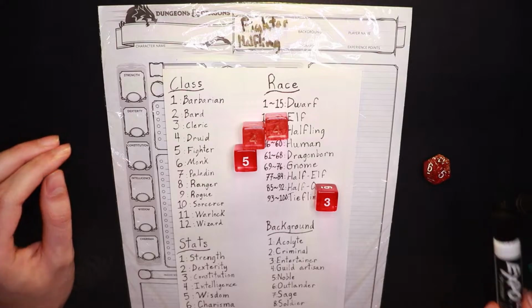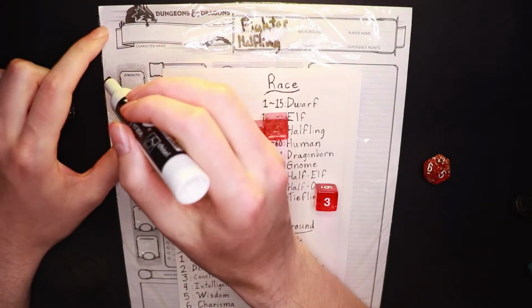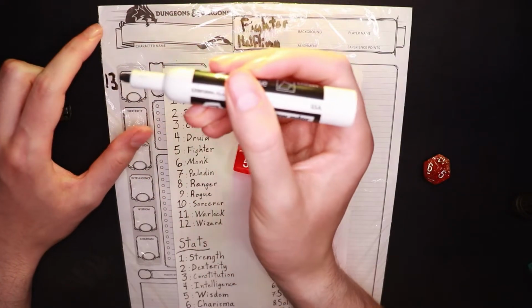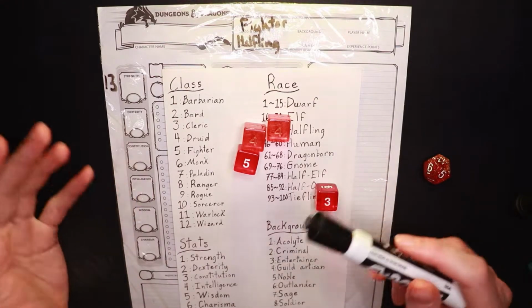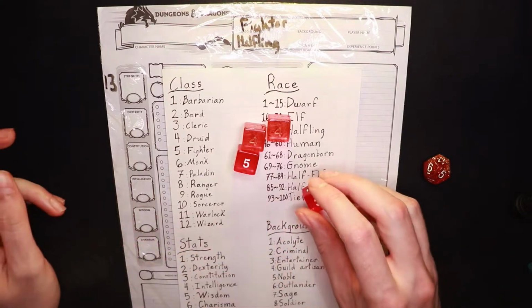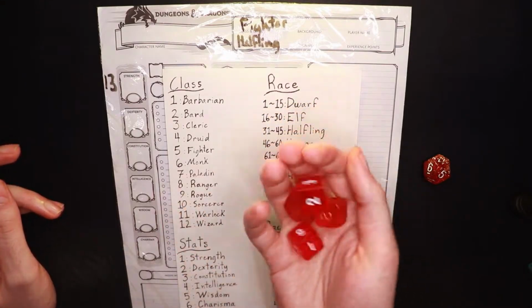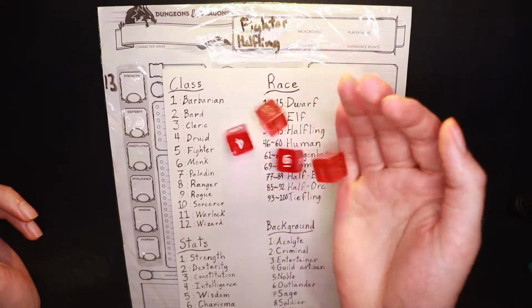So that's going to give me a 13. What I like to do is just write this number down in the margin like this to keep track of it. And you're going to repeat this 5 more times until you have 6 numbers.